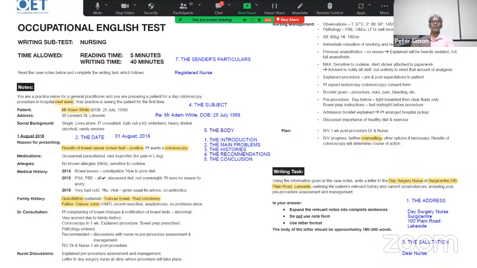Now what you can do is check it out there. Eats out a lot, binge eating, heavy drinker of alcohol, rarely smokes. Social background.